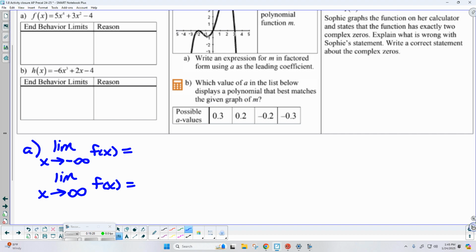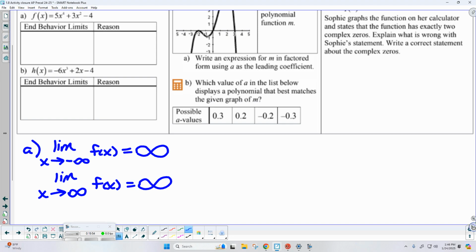The left end, as x approaches negative infinity, what should happen here? What's my answer to that one? Anybody know? It is positive infinity. What about the limit as x approaches positive infinity, the right? Positive infinity. Both of these would be positive infinity. How do we know that?